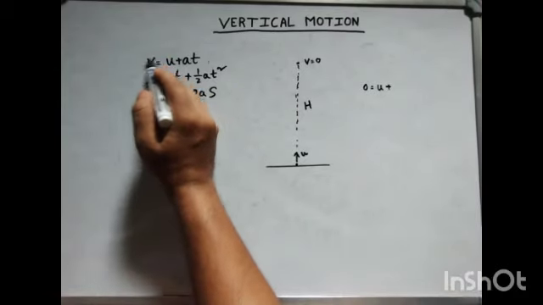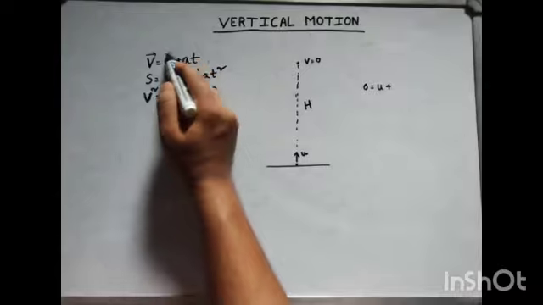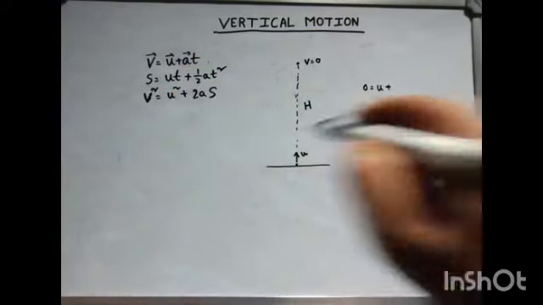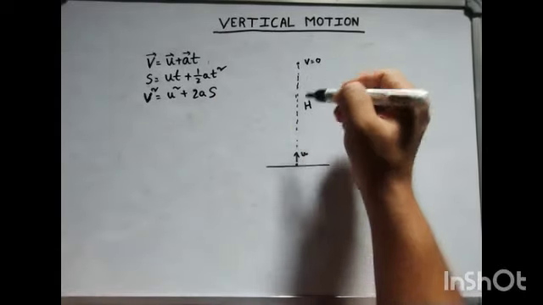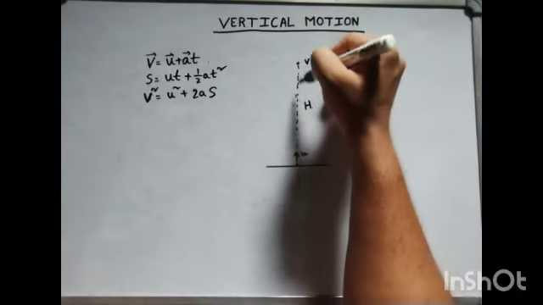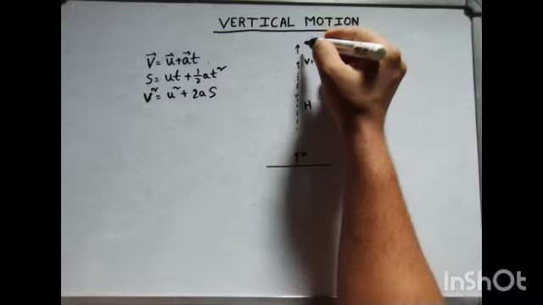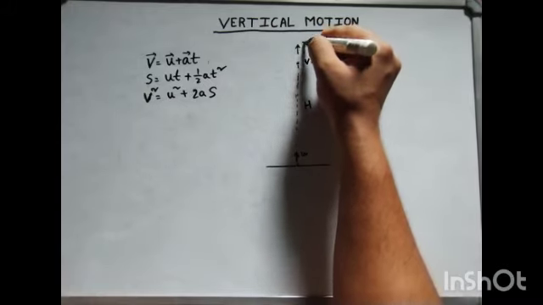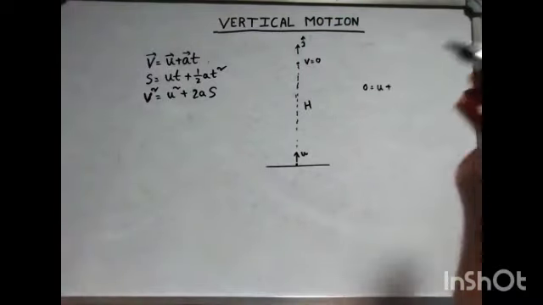Actually these equations are vector equations. Velocity is a vector, initial velocity is also a vector, acceleration is also a vector, time is a scalar. Suppose we take the vertically upward direction as positive y-axis, so we can say that this direction is j cap. j cap is the unit vector along y-axis.